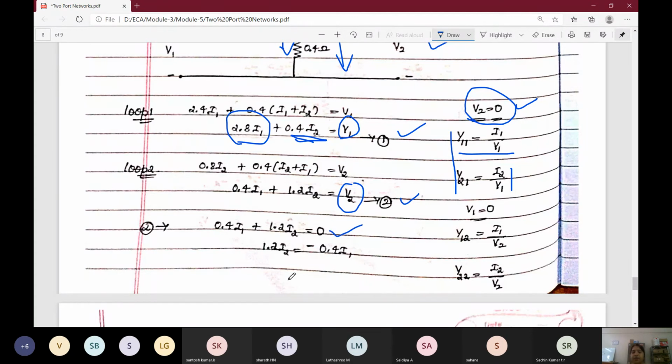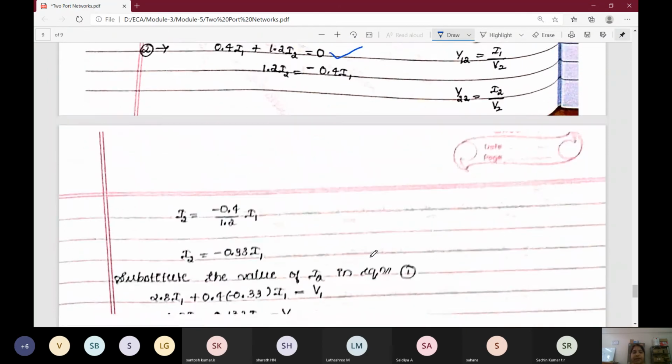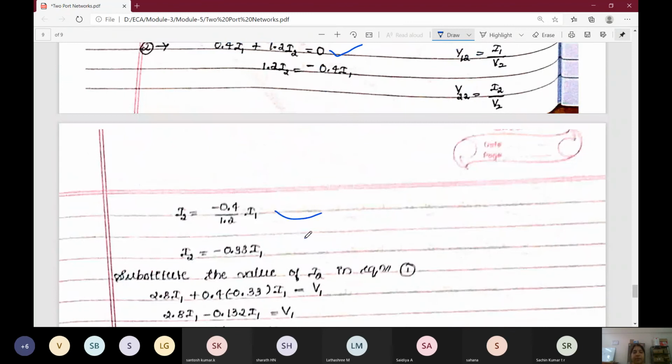When it is made 0, you can write I2 in terms of I1. Bring I1 to the RHS, so 1.2 I2 is equal to minus 0.4 I1. So I2 is nothing but minus 0.33 I1. So we got I2 in terms of I1.